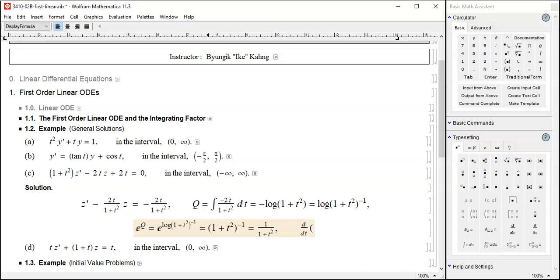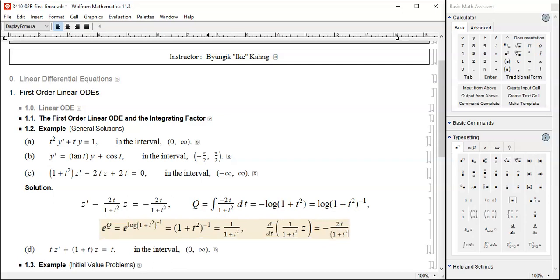You have z times the integrating factor, so 1 over 1 plus t squared times z, and then that is equal to, multiplying the integrating factor, this negative 2t over 1 plus t squared, squared.